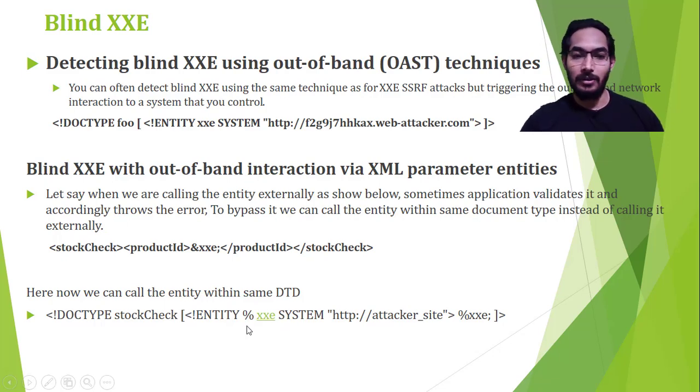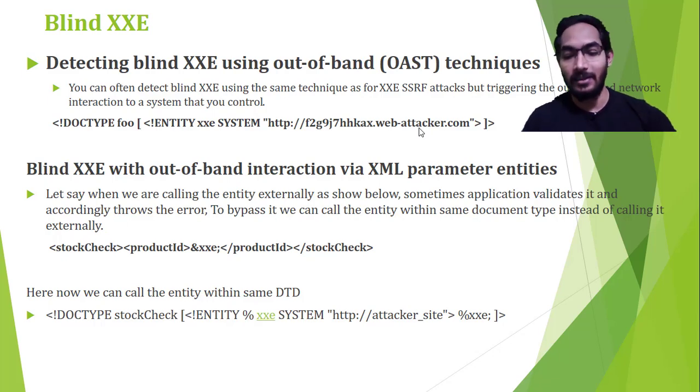So we created the parameterized entity and called it within the same DTD, and that's how it worked. If you have not seen my previous video, please check that out before moving on to this video, because you will understand it much better if you have the previous background.